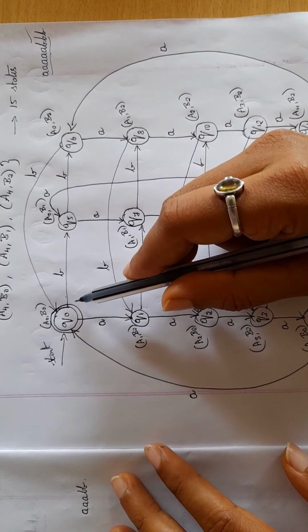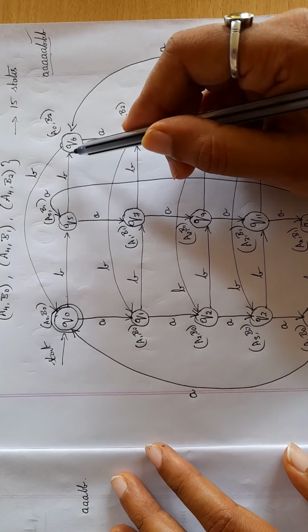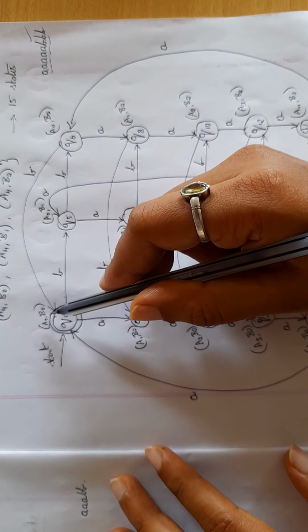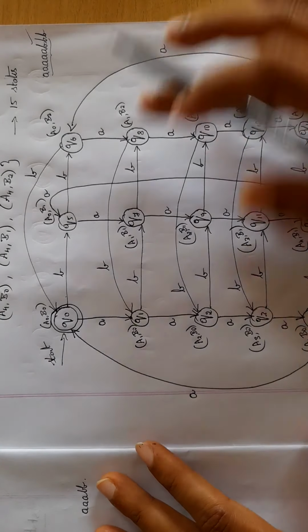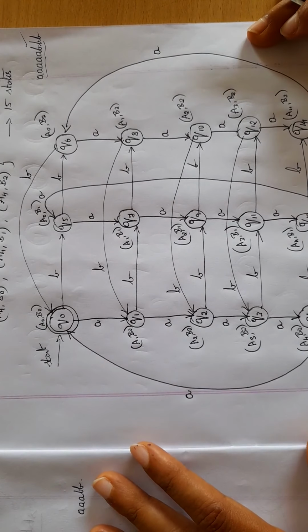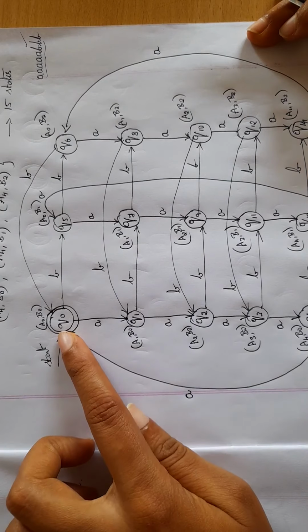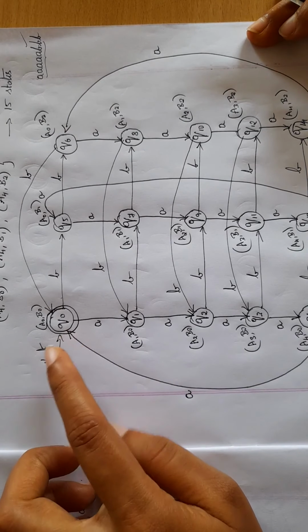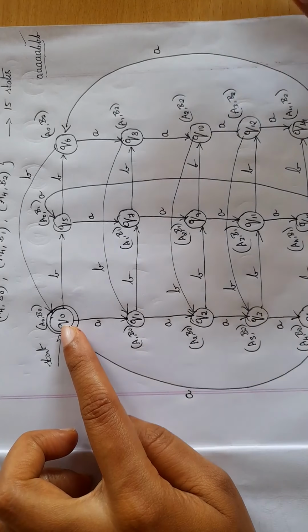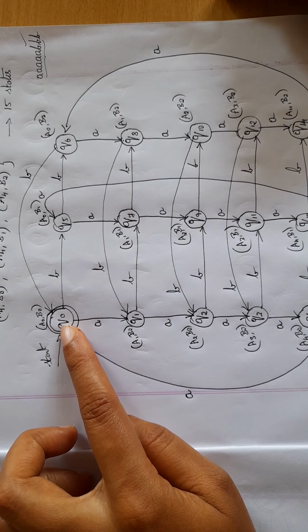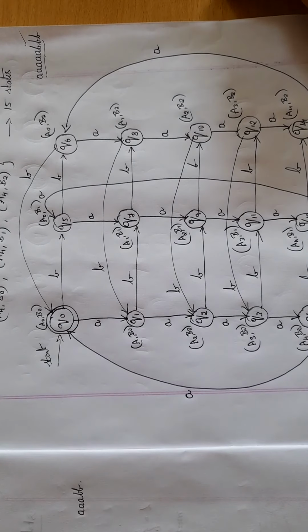Then I need 3 B's, 1B, 2B and then 3B. You can check for any of the combinations. If it is a valid string, it will start from here and end here. If it is not valid, it will stop somewhere in between. That tells that the given string is invalid.